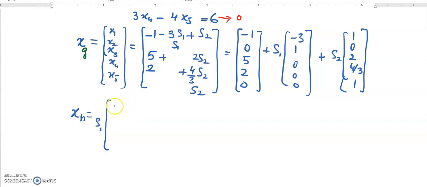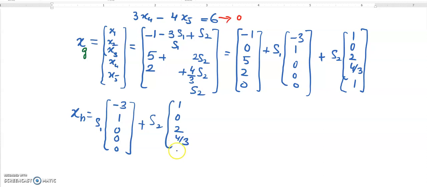And then that will be S1 times -3, 1, 1, 0, 0, and then S2 times 1, 0, 2, 4 by 3, and 1.